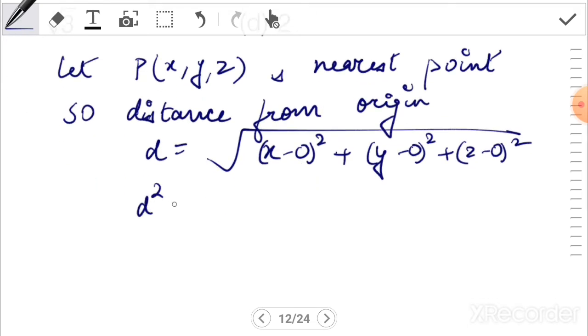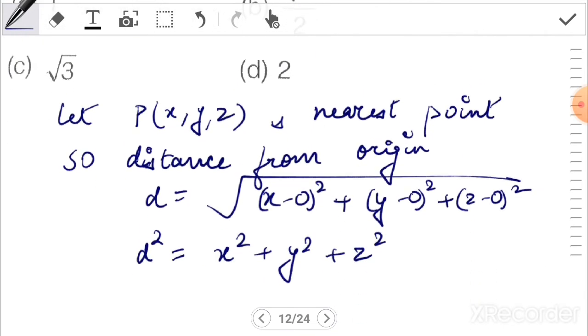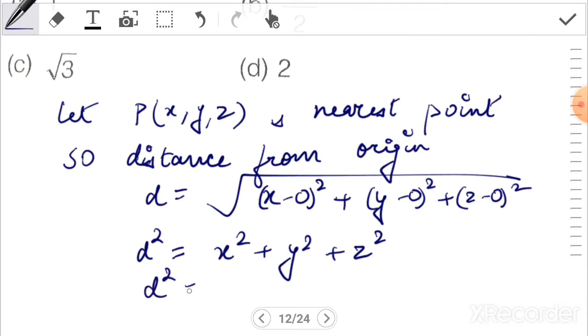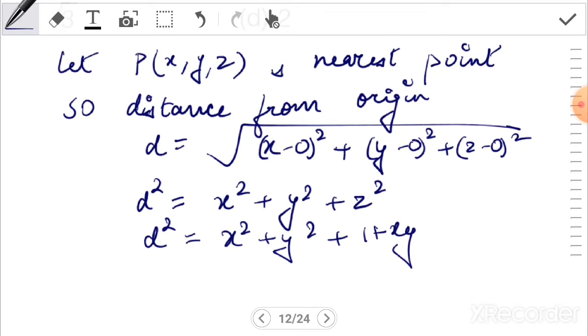So d square is x square plus y square plus z square. Okay. And if you put z square as 1 plus xy, so d square is equal to x square plus y square plus 1 plus xy. Yes.